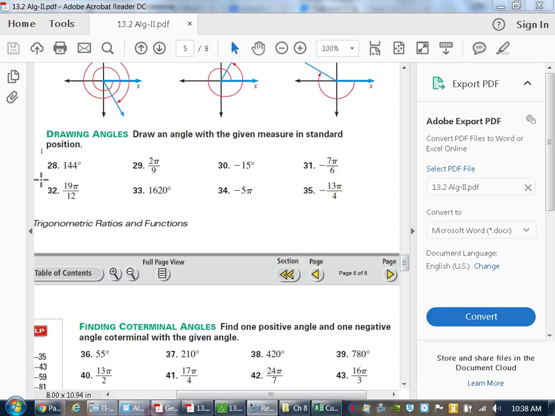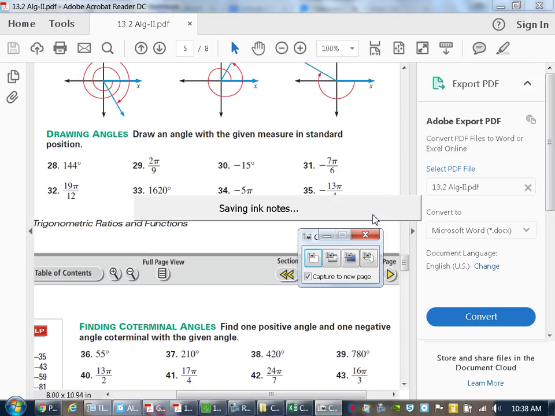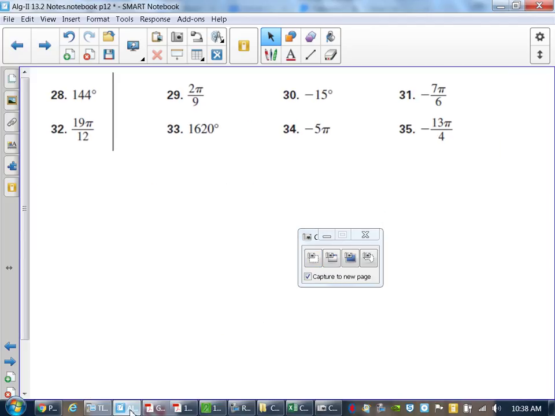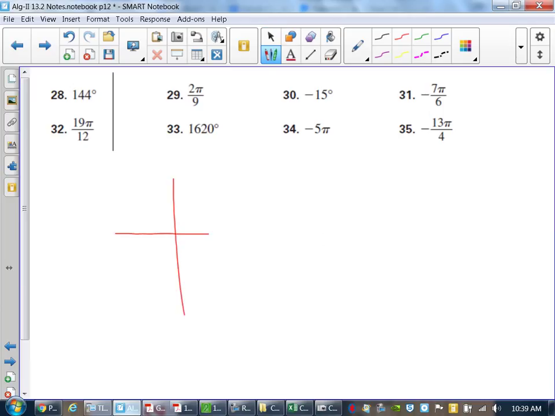So if I'm going back and just talking about how do you draw a radian angle, if we get through the idea of how that gets placed, finding coterminal ones becomes really simple, okay? So if I start with that first one, it says 2 pi over 9. What I want you guys to remember when you're dealing with radian measure, you have 0, pi, and 2 pi.